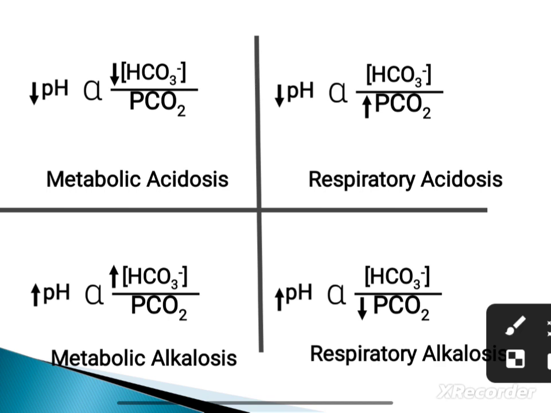Second one is respiratory acidosis. Acidosis means decreased blood pH. Respiratory means increased partial pressure of carbon dioxide, where bicarbonate level is unchanged.